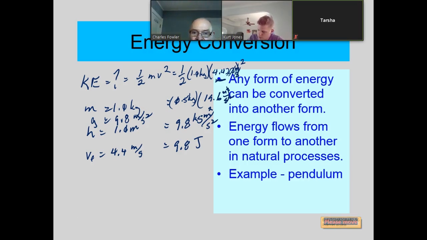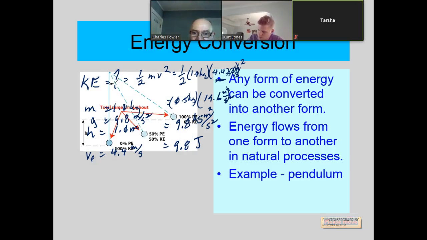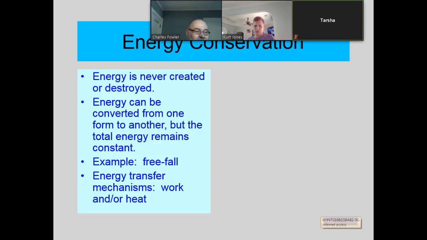Okay, let's go to energy conservation. All right. Now, we said this about mechanical energy, and that's pretty much true, but it's never completely true. We said mechanical energy was always constant. You know it's not.